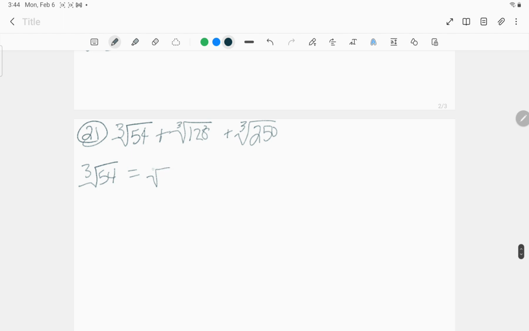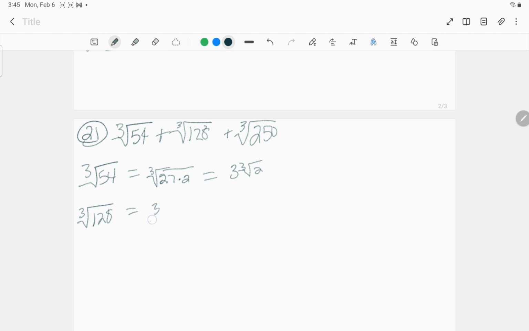If you said 27 and 2, you're super smart. Which is going to give me 3 times the cubed root of 2. All right, so since that used a 2, pretty sure that this 128 is also going to use a 2.